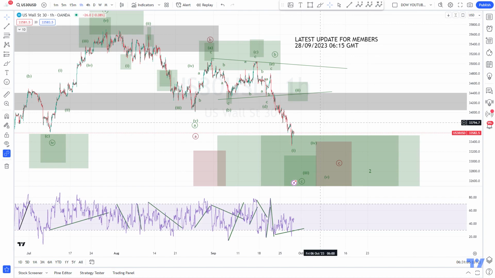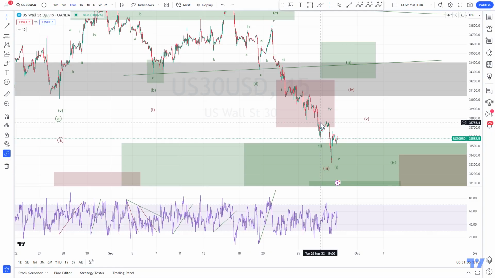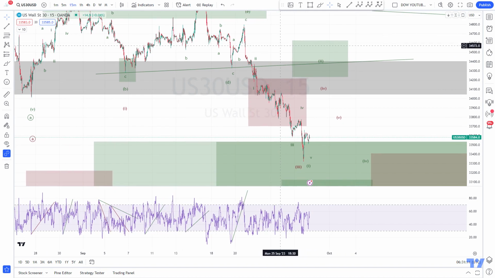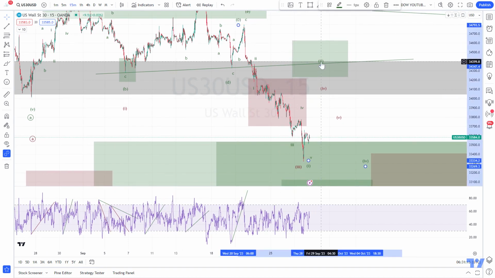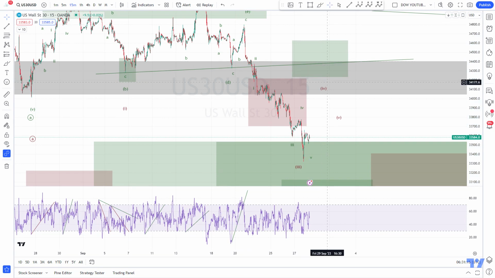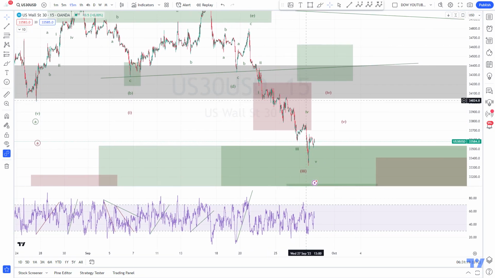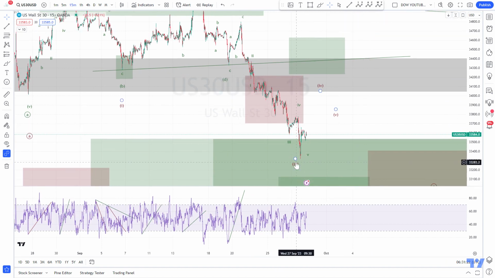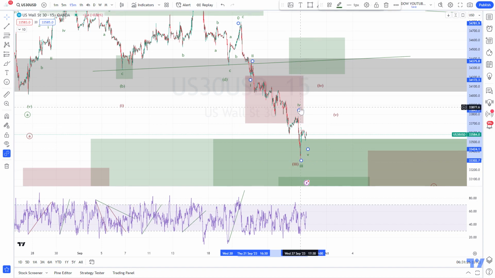Maybe let's try to label it here. I will take this off the chart because this is not really useful anymore. And then I would say this here is the 3, and then we need a 4 and a 5.